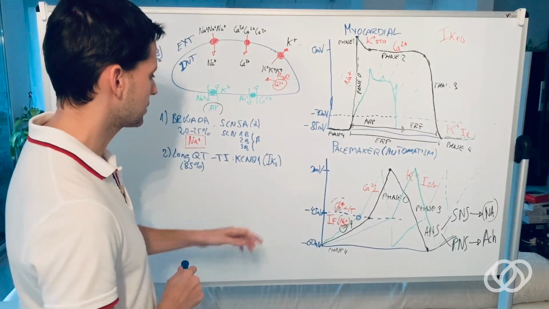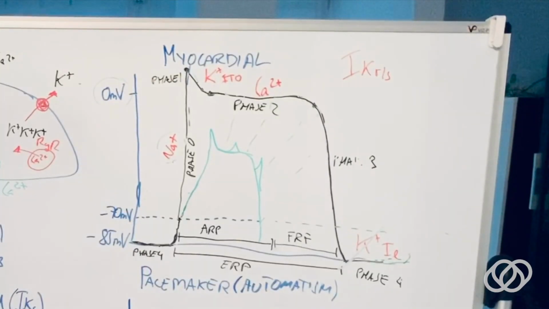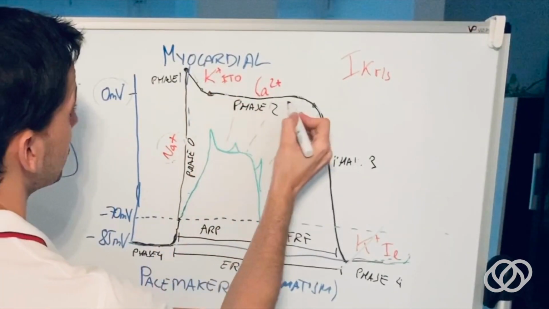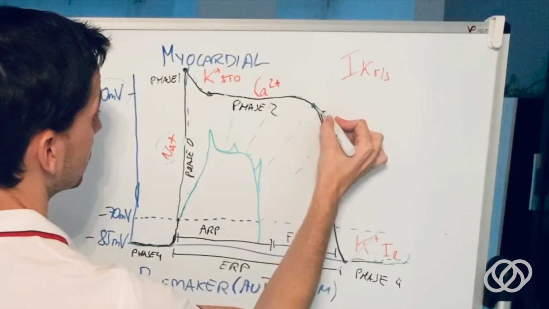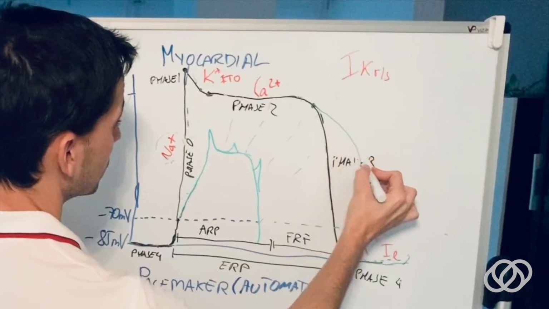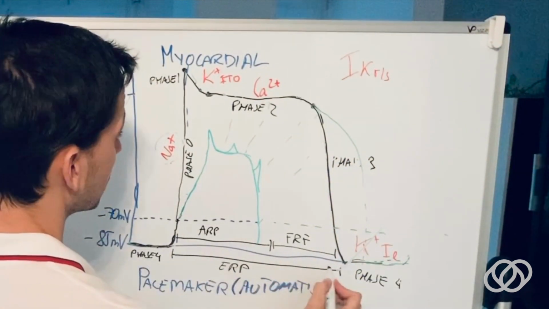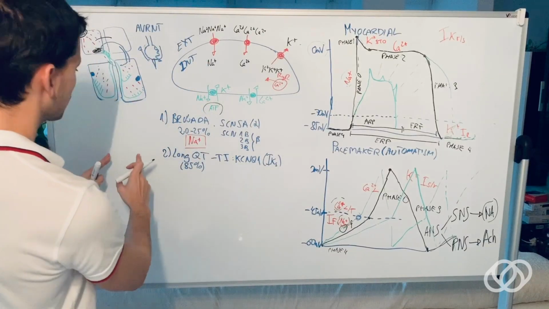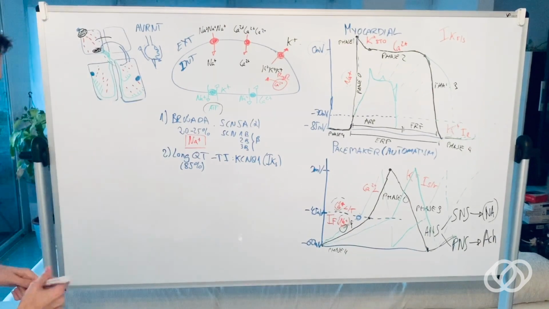Because this channel is impaired, when we arrive here to phase 3, it's going to be prolonged, and the refractory period will prolong, and the QT will also get prolonged.